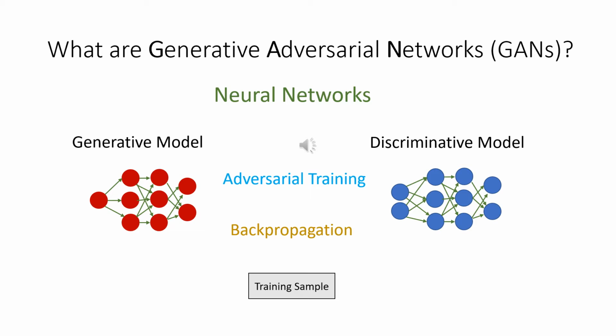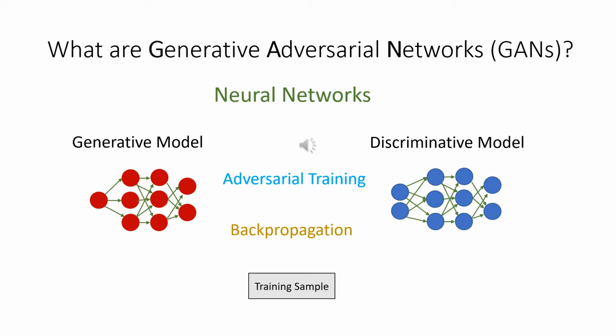So, generative adversarial networks, or GANs for short, are a pair of models or neural networks that run in competition to each other. First proposed by Ian Goodfellow in 2014, he postulated that given a training set of data, these two models would compete against each other and learn from each other using adversarial training and backpropagation.